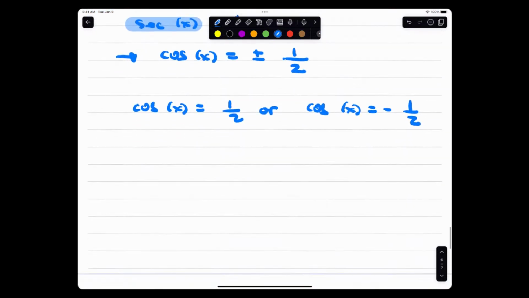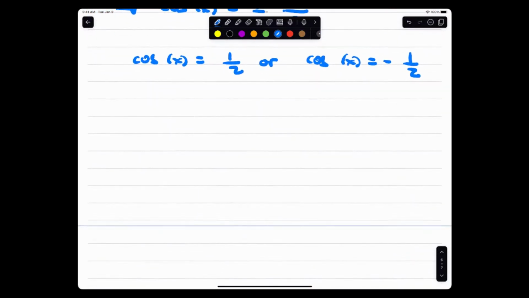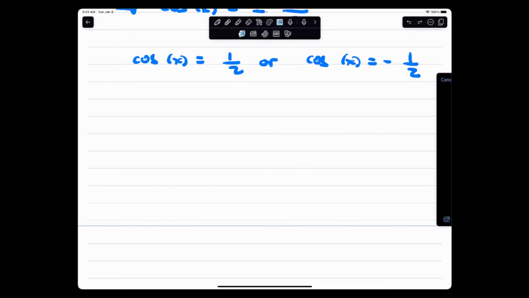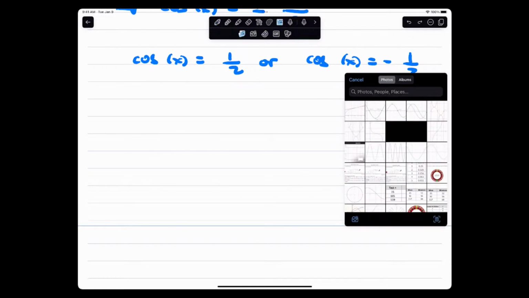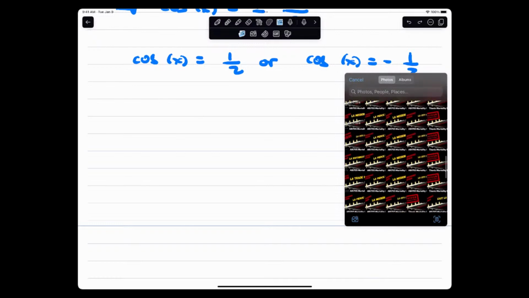Okay. Now, how do we think about this? Do you guys remember? Let me bring in a picture. See if I can. I think it's here. I'll pretend this is my trig course.